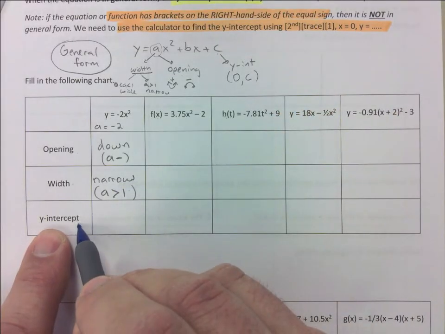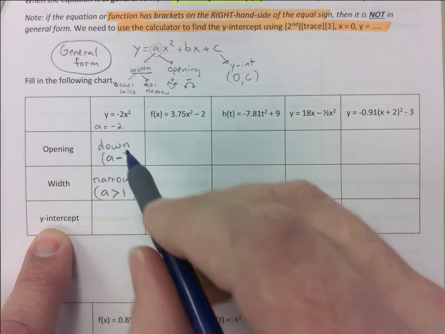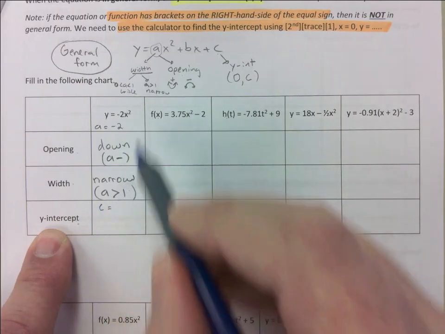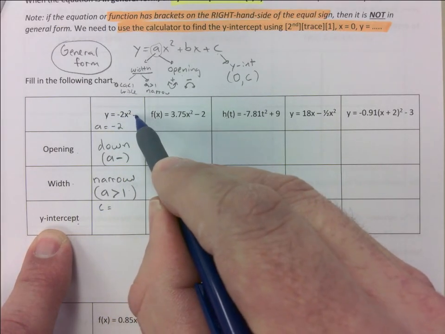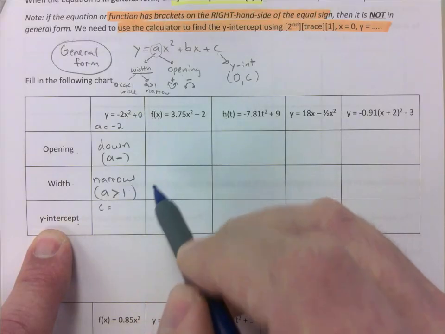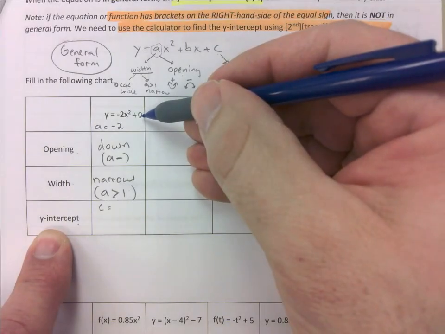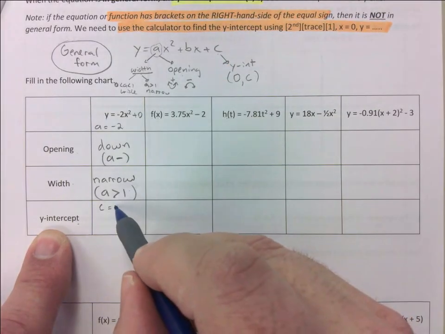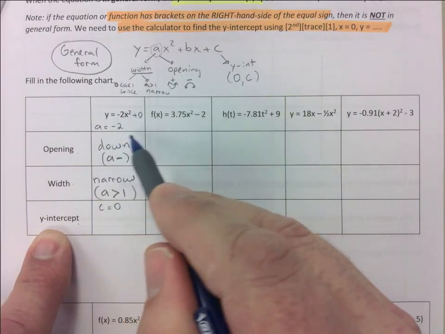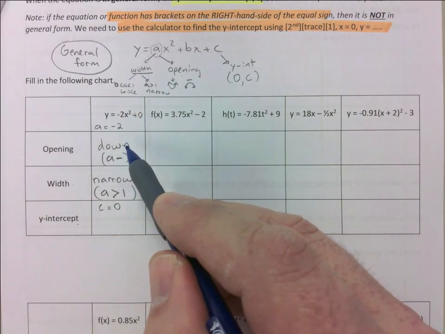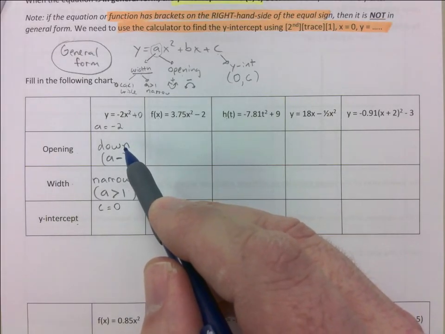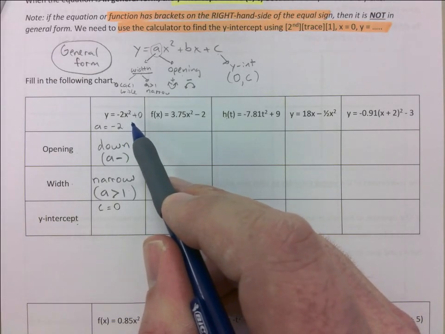What's the y-intercept? What is C equal to up here? Is it okay to go plus 0? Yes, it is. So C is equal to 0 in this case. What's B equal to? 0.